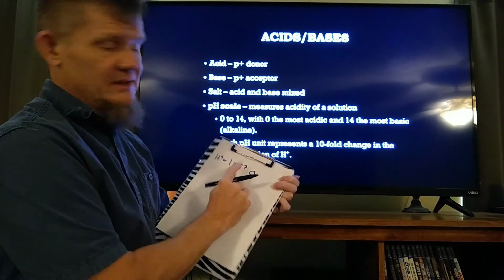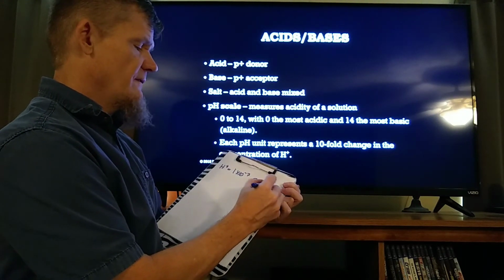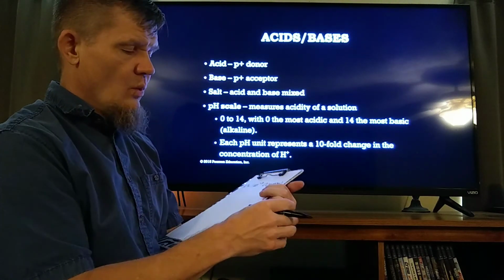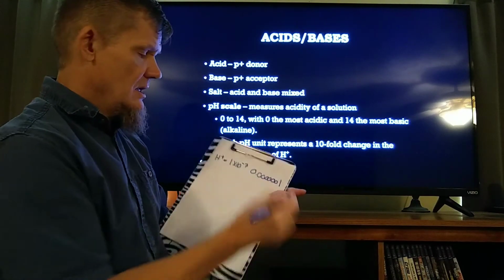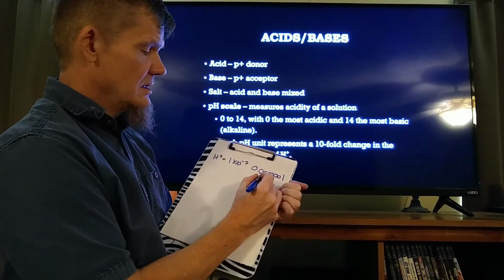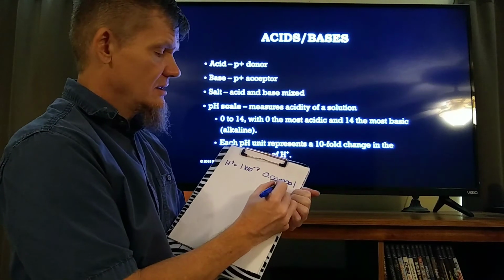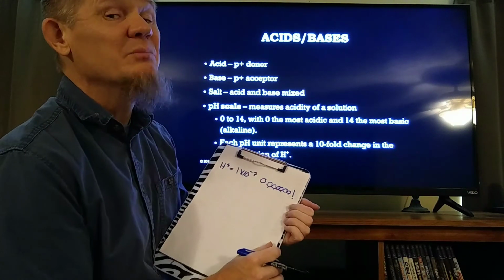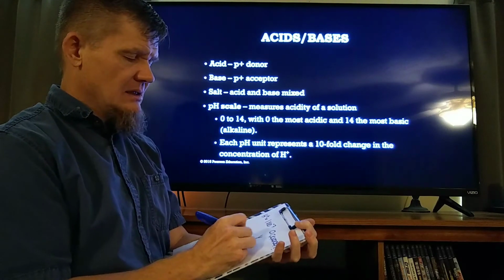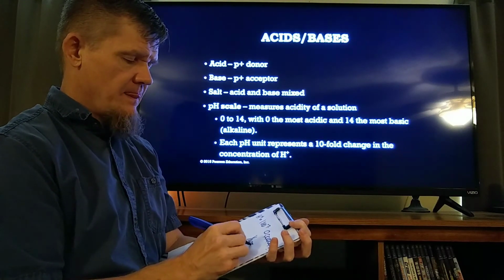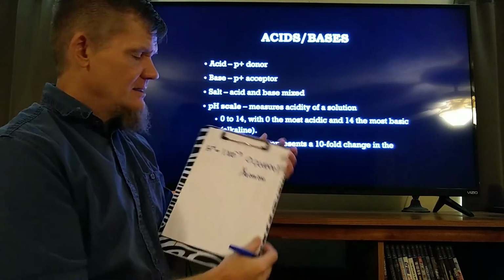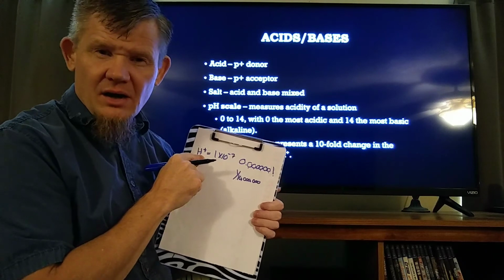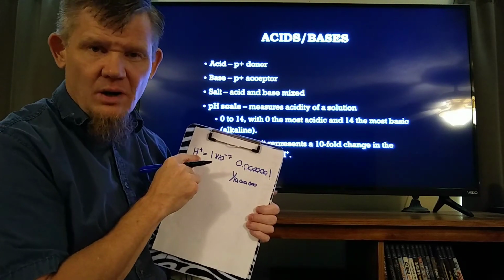And then I go back 7 places. 1, 2, 3, 4, 5, 6, 7. 1 × 10 to the -7 is tens, hundreds, thousands, 10,000s, 100,000s, millions, 10 million. It means I have a 1 in 10 million chance of finding a hydrogen ion in a glass of water.